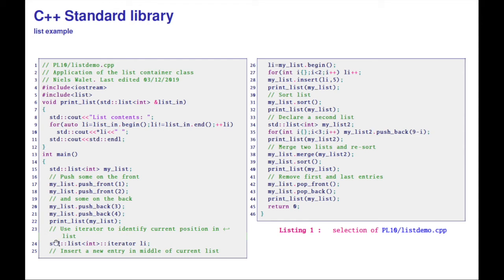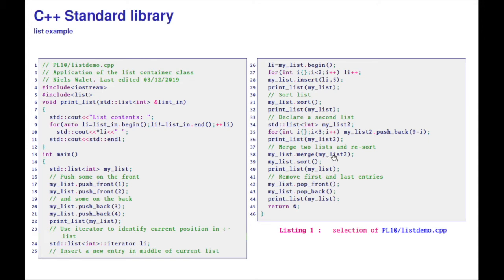In this case, I've been rather explicit. My list begin, I can actually iterate over these things. I can insert. I do various things to this. Print list, my list dot sort, print list, and you can see what happens. So the print list is actually the important function I've defined over there, and you can pop the front and the back and stuff like that.